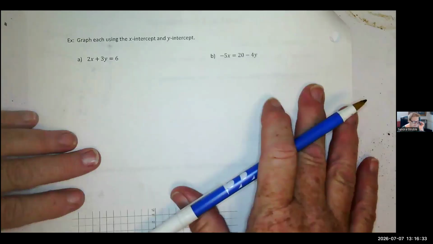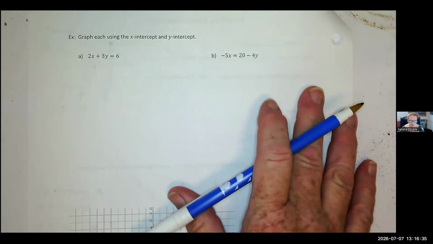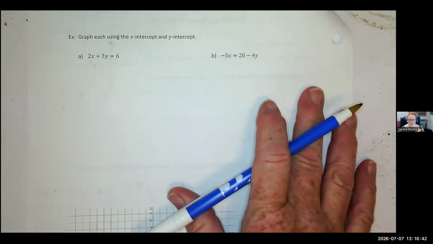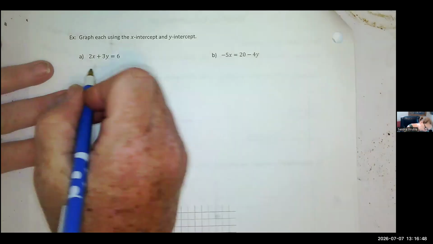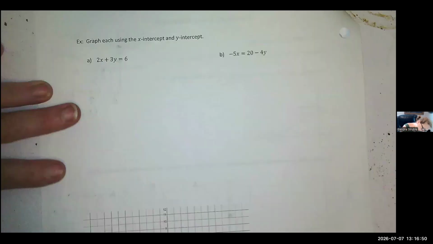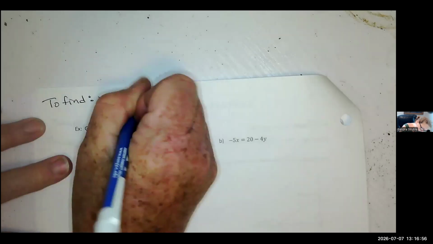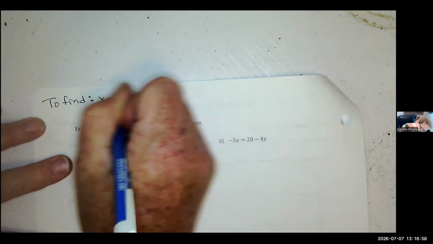Graph each using the x-intercept and y-intercept. So we're going to be doing this, especially in college algebra and trig, a lot. If you're moving on to problem solving or statistics, you may use it a little bit. All right, this is going to be the rule: to find the x-intercept, you let y equal 0 and solve for x.